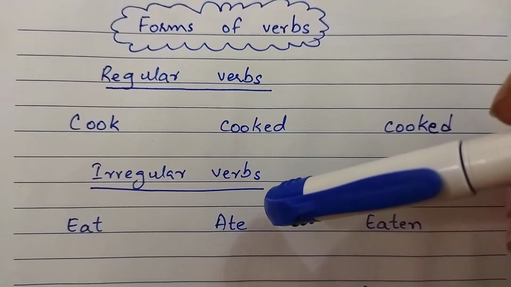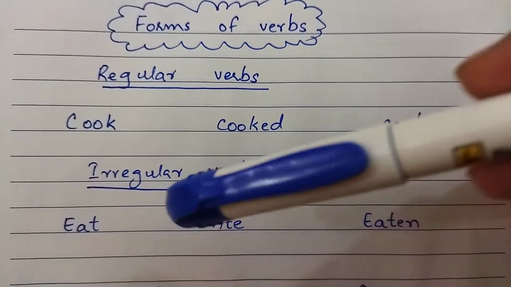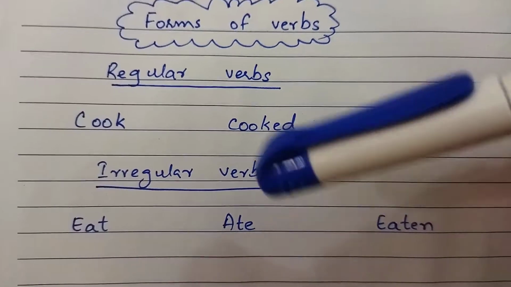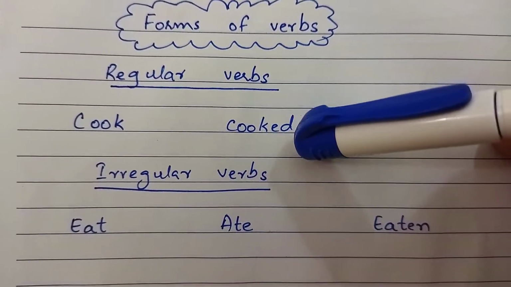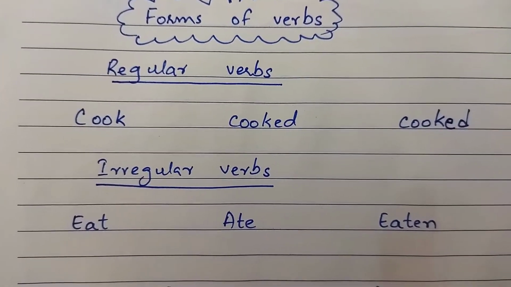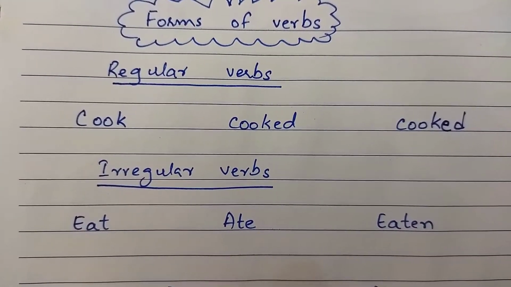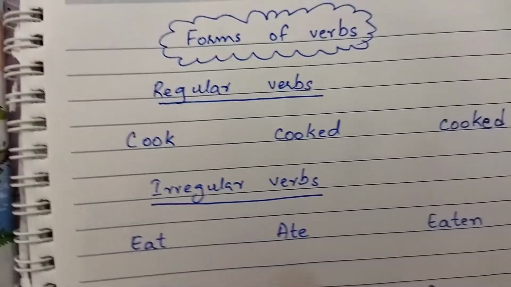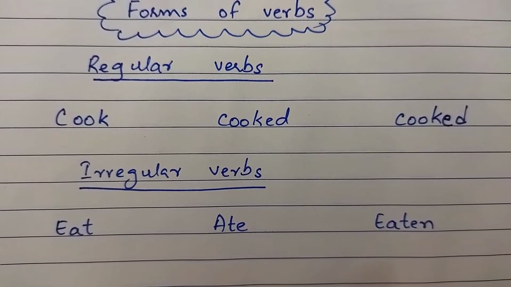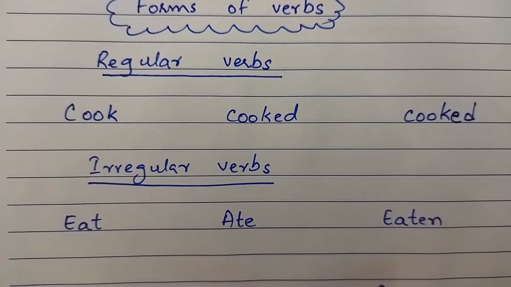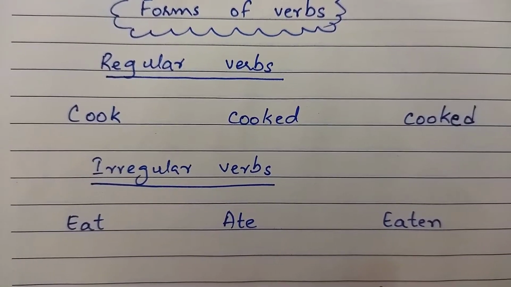Now we need to learn irregular verbs. What are irregular verbs? Irregular verbs are those verbs where we do not add ed at the end of the main verb. What we do is learn all three forms of irregular verbs. But my dear students, don't get worried, because they are very few in number, right?